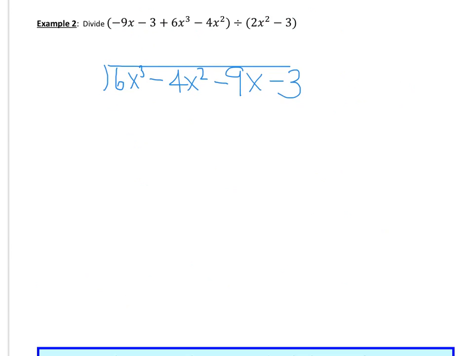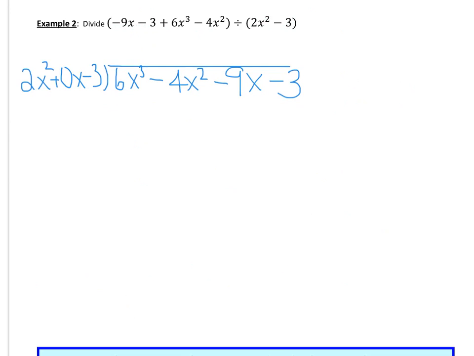Okay, and then we're going to put our divisor over here at the side, and what we need to make sure that we do in both the dividend and the divisor is that we have all values accounted for. So the divisor is actually 2x squared, and we need a plus 0x in there, which is what's called a placeholder, minus 3.